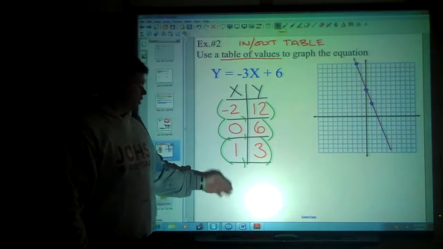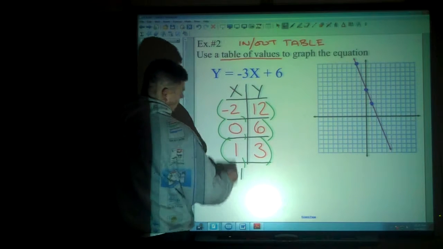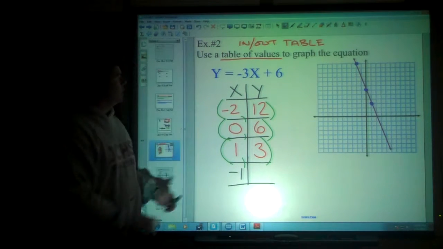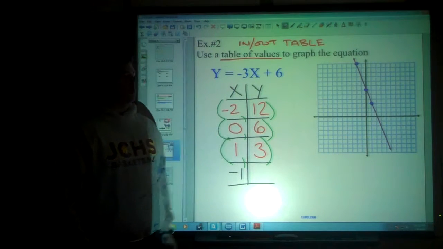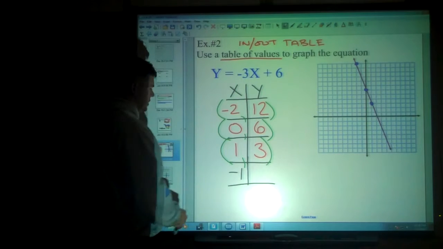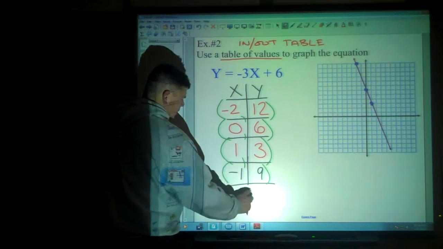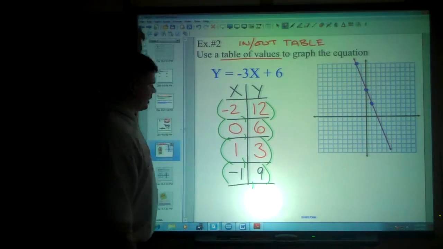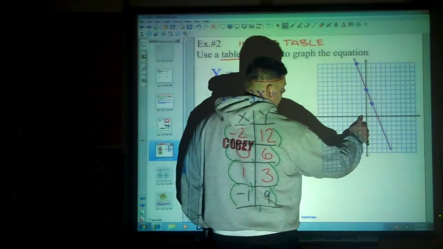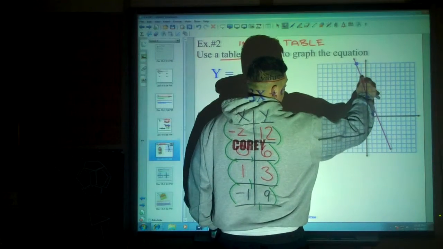Now let's say someone had chosen some other points. Maybe somebody chose negative 1 instead of negative 2. Now if you choose negative 1, negative 3 times negative 1 is positive 3. Positive 3 plus 6 is 9. So once again, I've made a coordinate, and if I go over to the graph, and I go over from the origin 1, I go up 1, 2, 3, 4, 5, 6, 7, 8, 9.